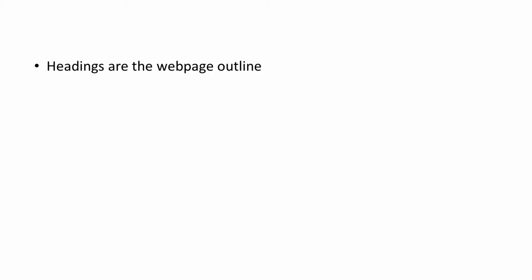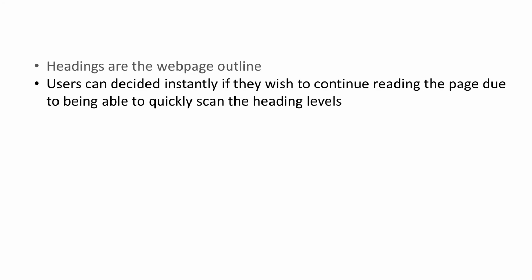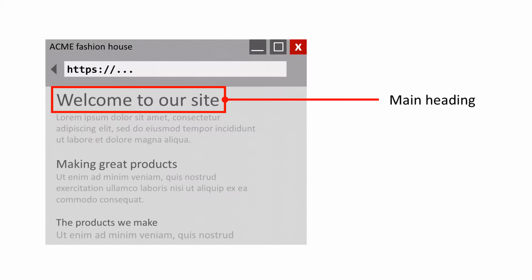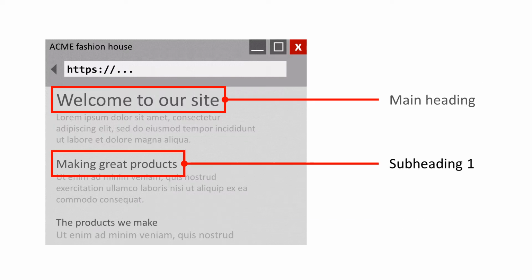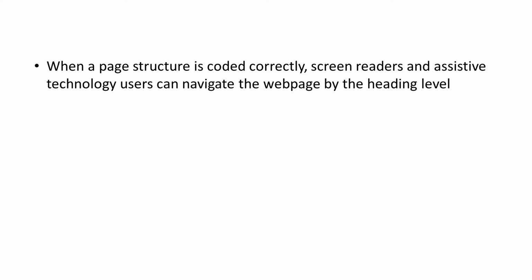Think of headings as the web page outline. Users who can see the headings can decide instantly if they wish to continue reading the page due to being able to quickly scan the heading levels. When a page structure is coded correctly, screen readers and other assistive technology users can navigate the web page by the heading level.